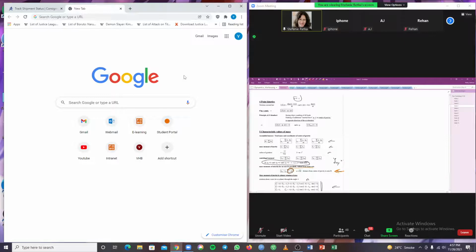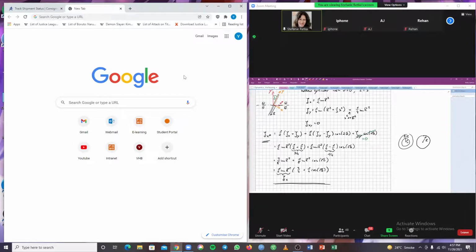Jxy, for example, would be minus the integral of x times y over dm. So you'd have to integrate this again. Okay. We can maybe make a small example computing the centrifugal moment if you like.